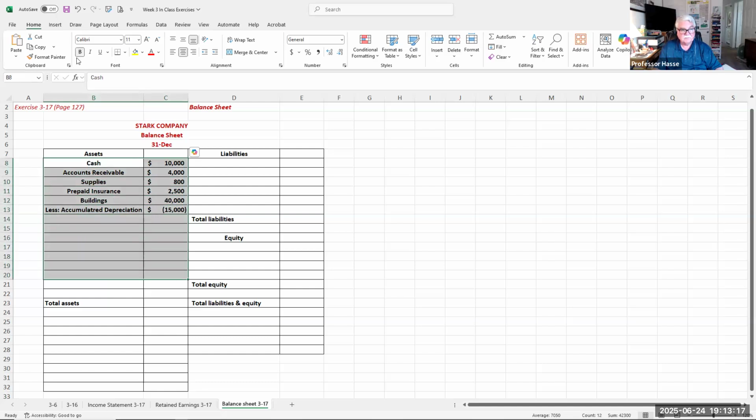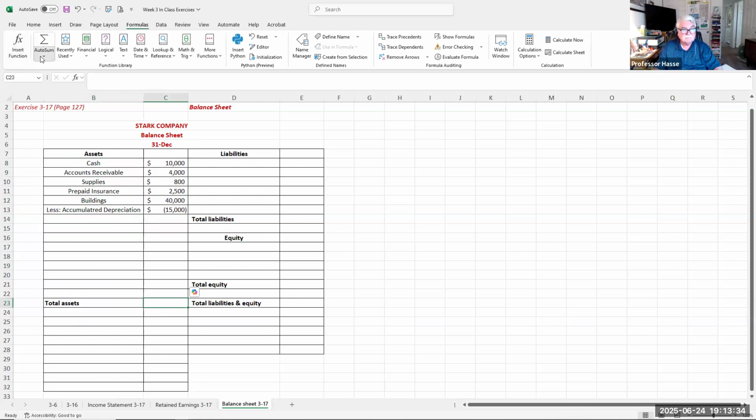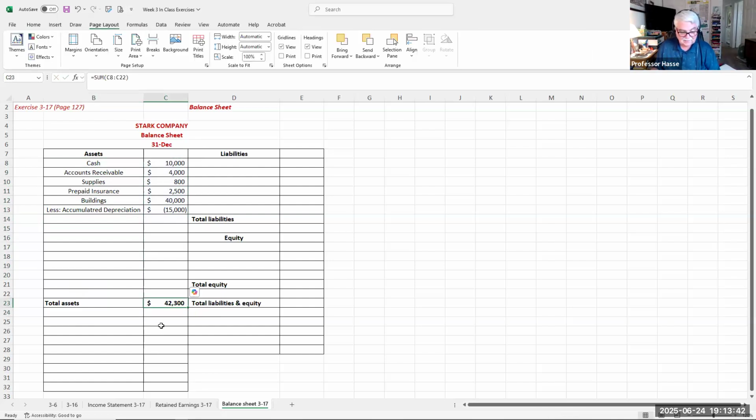Let's make this regular. There we go. Okay. Any other assets? Nope. That's all the assets. So the total assets are $42,300. Cool. Liabilities. Accounts payable.